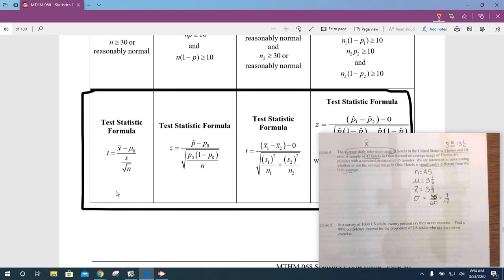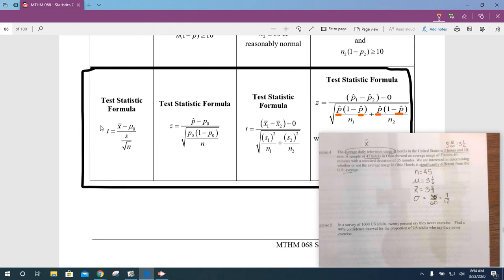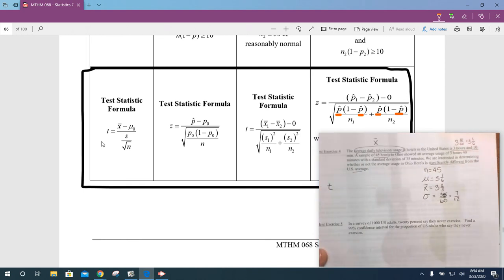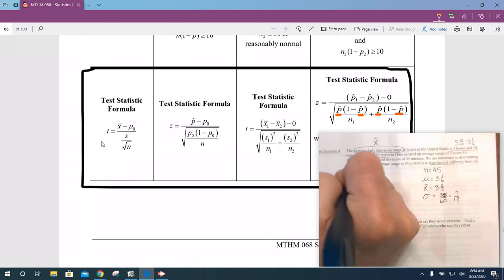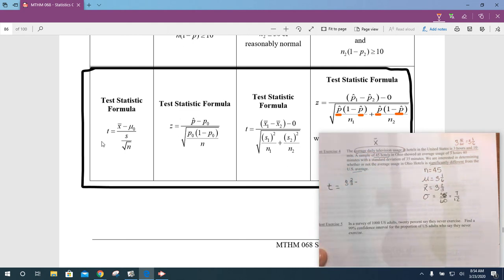So if we take the statistical test right here for a single mean, t, I'm going to put t equal to my first value, which is x, my statistic. My x statistic is 3 2/3. I'm going to subtract my null, or my mu.